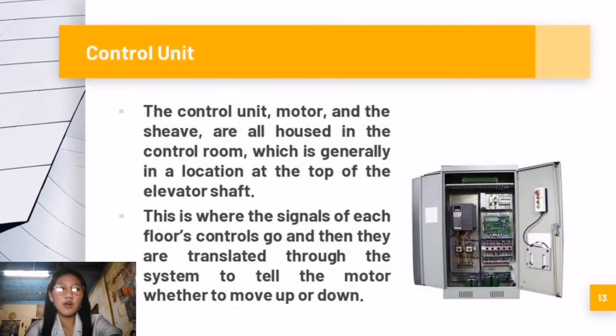Next is the control unit. The control unit or motor and the sheave are all housed in the control room, which is generally in a location at the top of the elevator shaft. This is where the signals of each floor's controls go, and then they are translated through the system to tell the motor whether to move up or down.